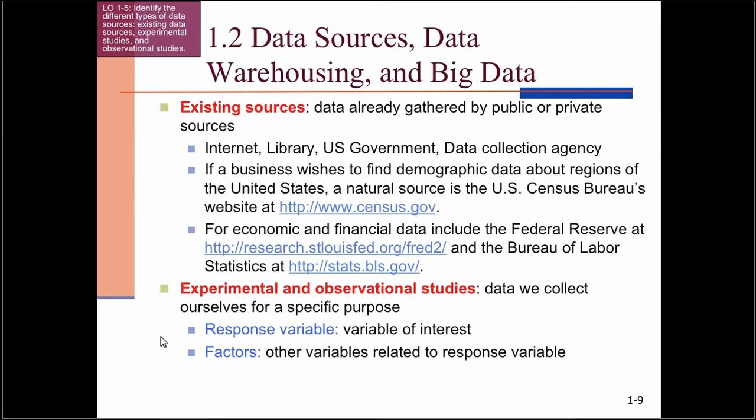Let's say you send a survey on Facebook to collect information from your friends about a specific product. That's an observational type of study. We have two types of studies. We can have experimental or observational studies.